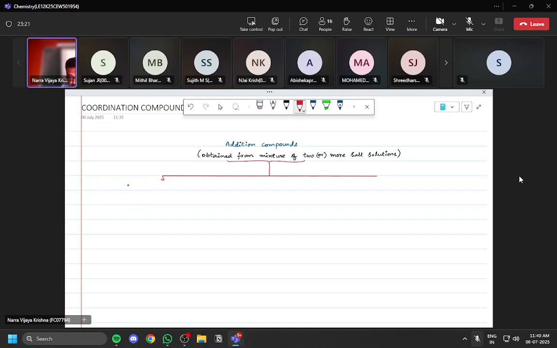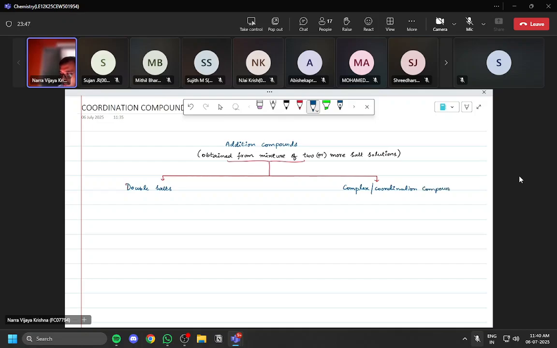Double salts, we call them double salts, or we call them complex compounds or coordination compounds.